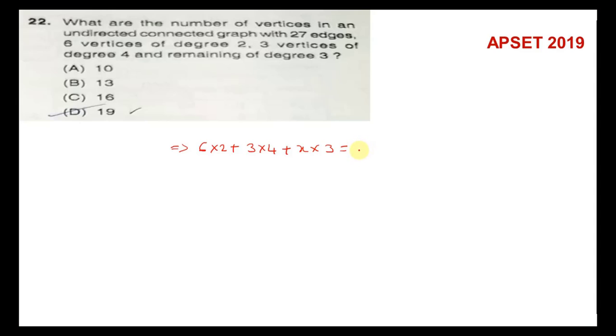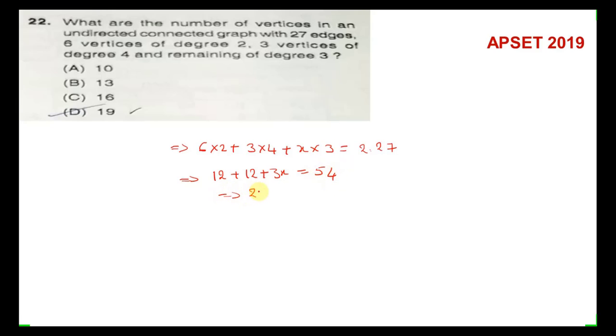According to the handshaking lemma, the sum of the degrees of all the vertices is equal to twice the number of edges, so you can write it as 2 into E. E stands for edges, so 2 into 27. Finally, we can write 6 into 2 is 12, 3 into 4 is 12, and 3 into x is 3x.